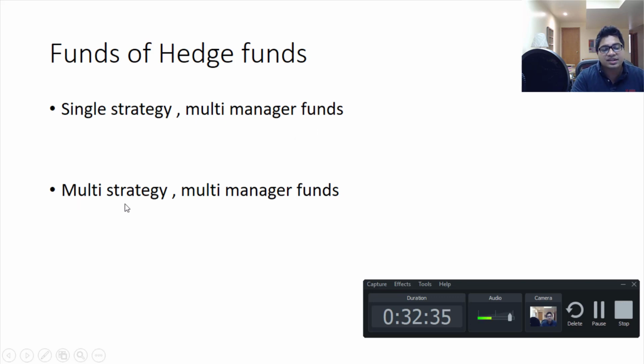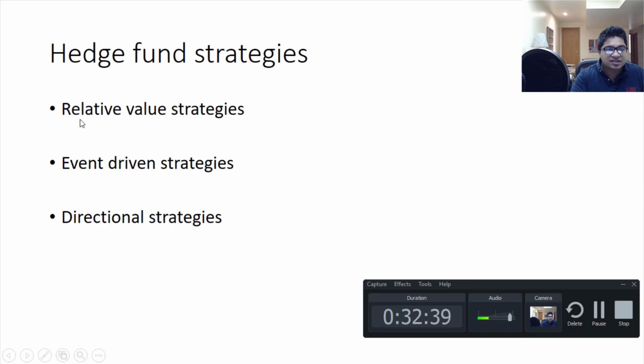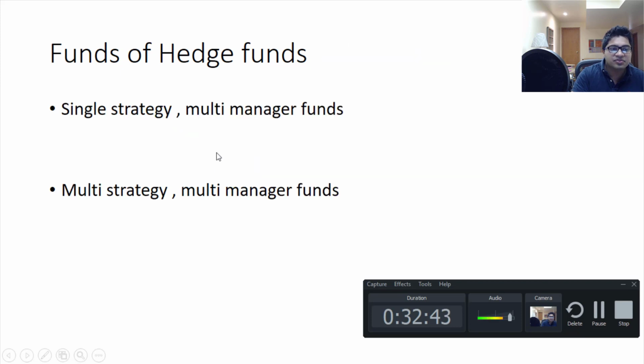Or there can be a multi-strategy multi-manager fund that invests in different strategies and then different managers within those strategies. Now what are funds of hedge funds? These are mutual funds that invest in hedge funds. So they reduce the risk that you are exposed to as a hedge fund investor to a single manager.